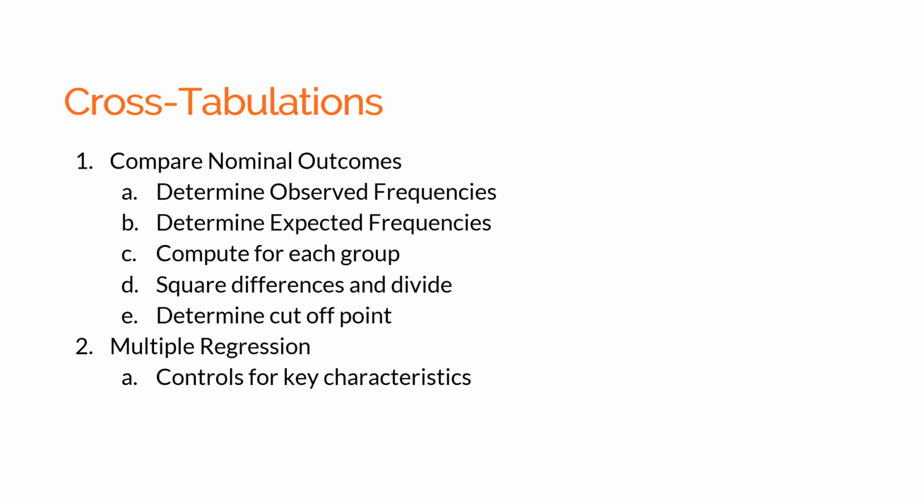By controlling for all three, you're able to see if there's still a relationship that can be found using a t-test.